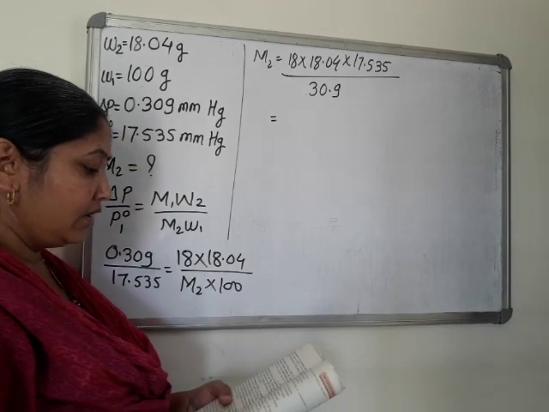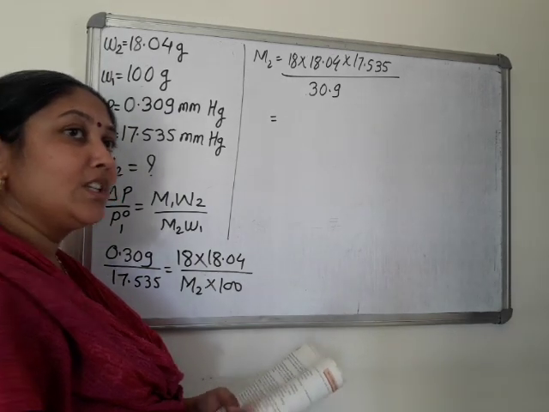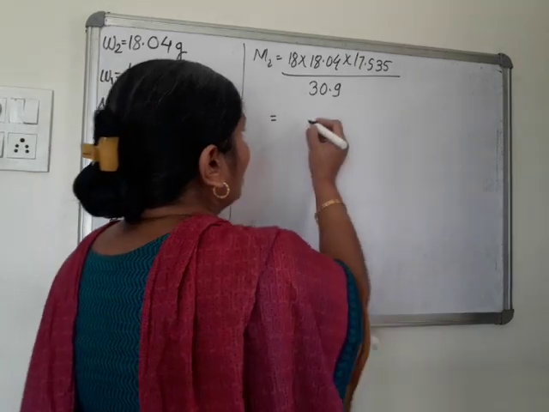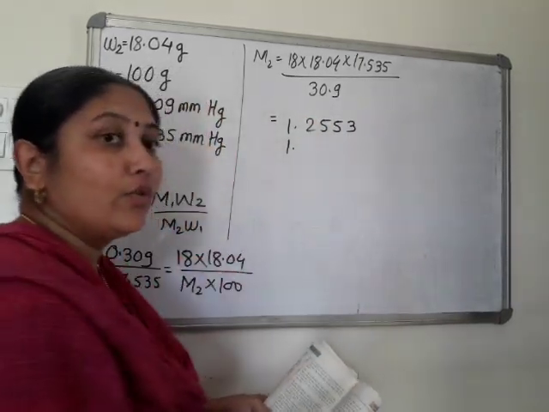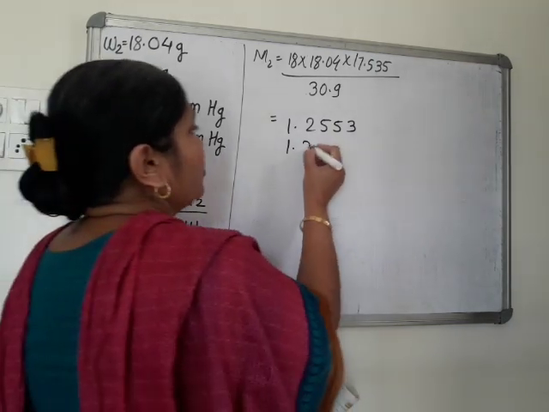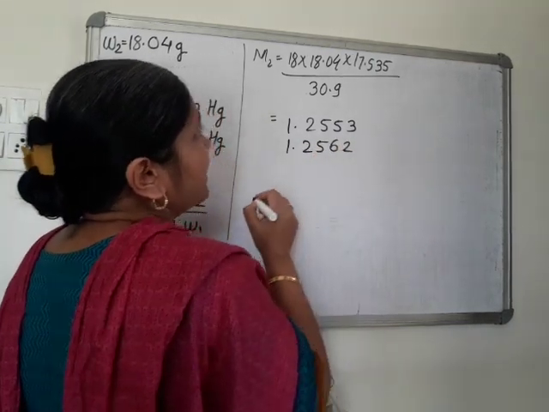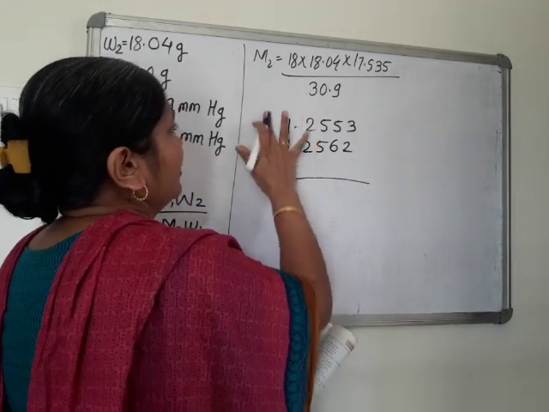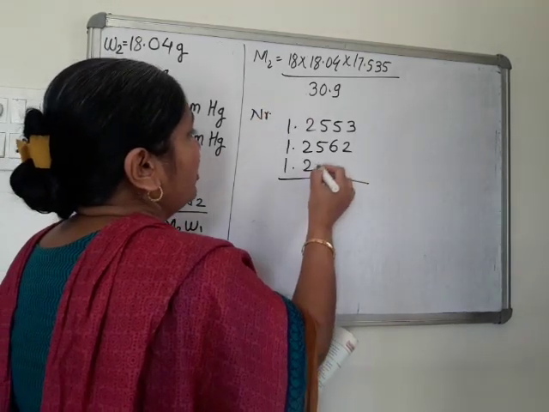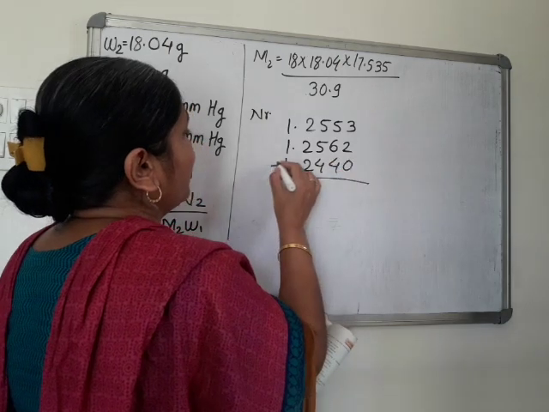Log 18, how much is it? 2553. This is 1 point. Log 18.04 is 2562. And log 17.54 is 2440. Okay, this is numerator.